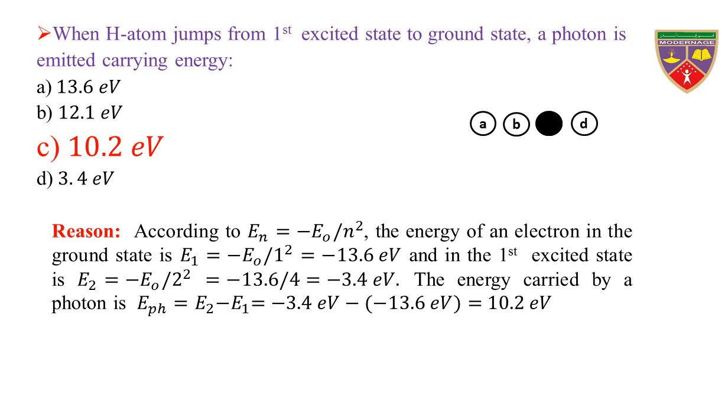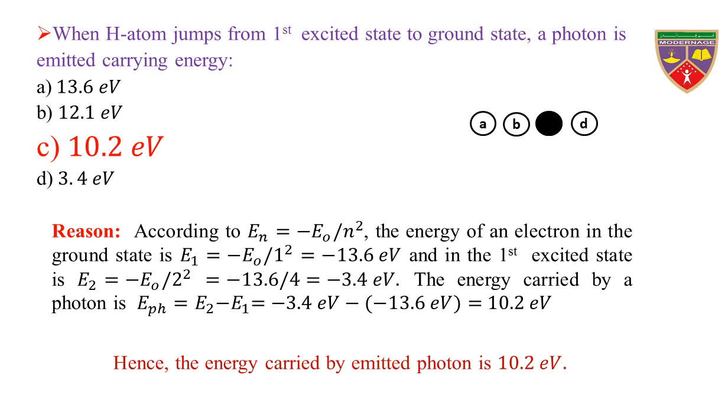The energy carried by the photon is E photon is equal to E2 minus E1, which is minus 3.4 minus, minus 13.6 electron volt, which is equal to 10.2 electron volts. Hence, the energy carried by the emitted photon is 10.2 electron volts.